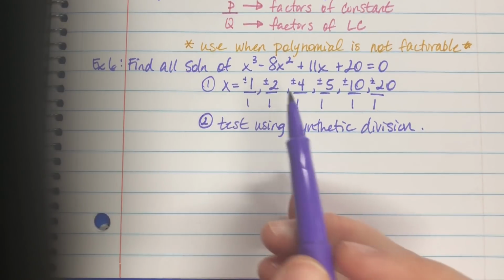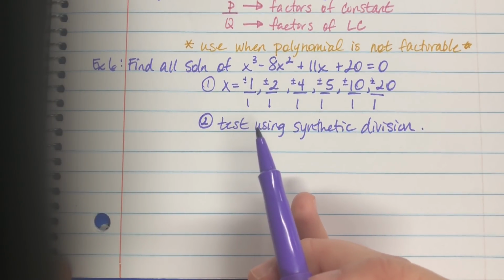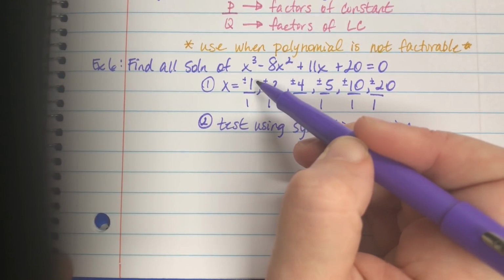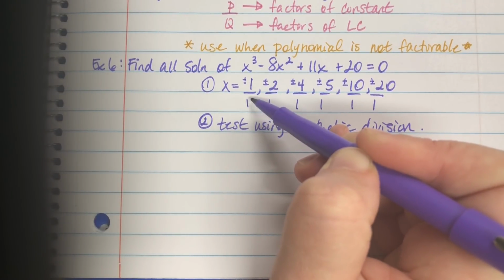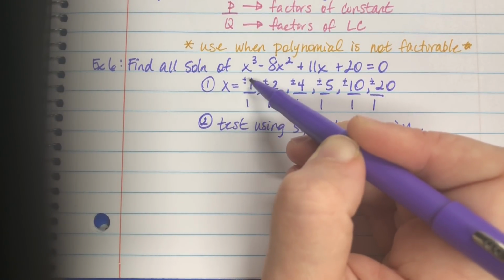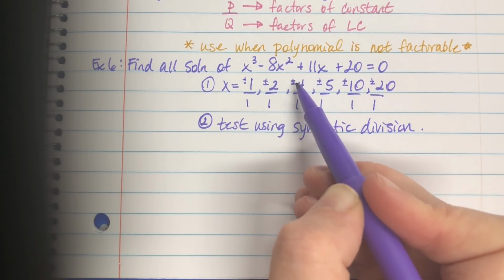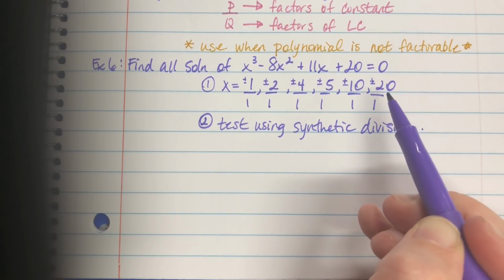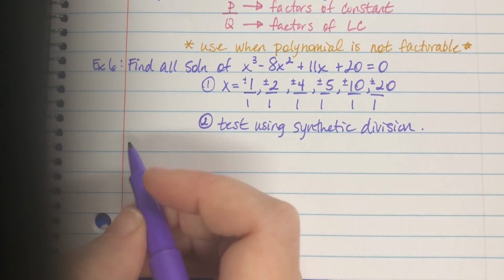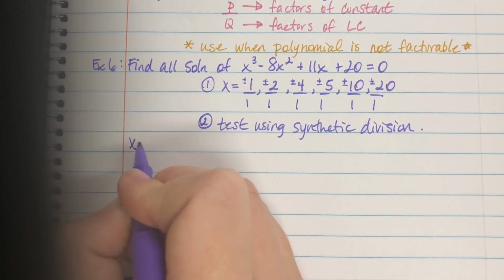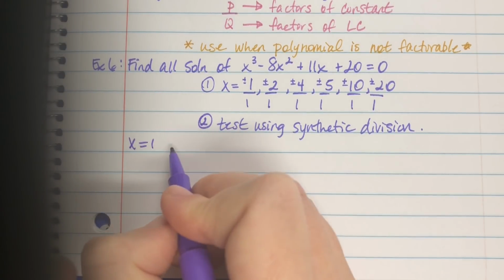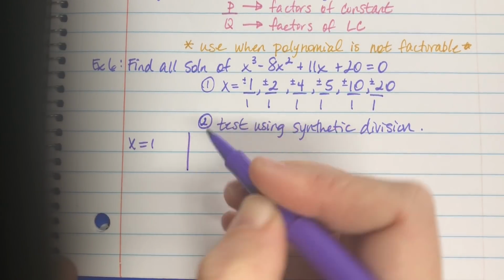And to be honest, positive 1 is easier than doing negative 1. So where I'm coming up with this is 1 divided by 1 is 1. We've got positive and negative 1 to try, positive and negative 2, positive and negative 4, and so forth. Start with the easiest one, positive 1. So x equals 1.